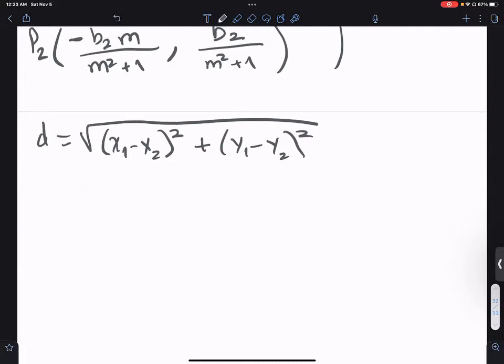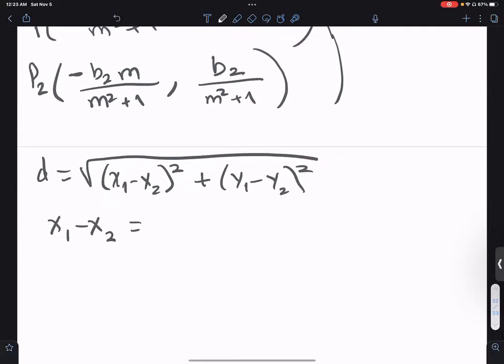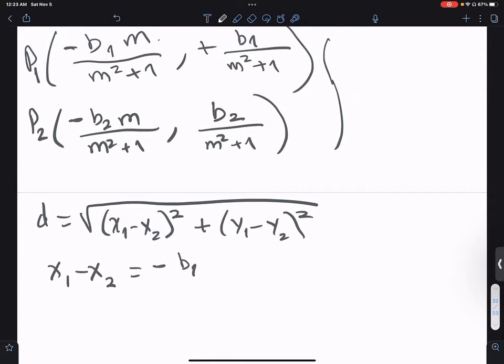Now we're going to apply it. x1 minus x2 equals negative b1 times m. These denominators are the same, so I'm going to write a big line here, m squared plus 1, minus negative b2, which is going to be positive b2 times m. Remember, we have to square that.